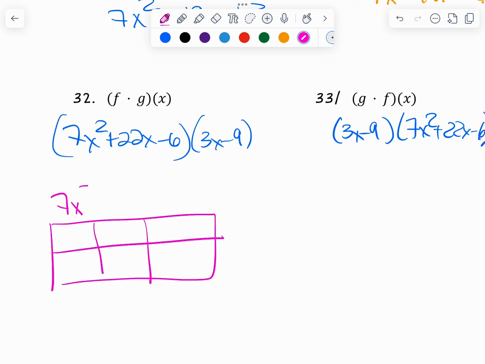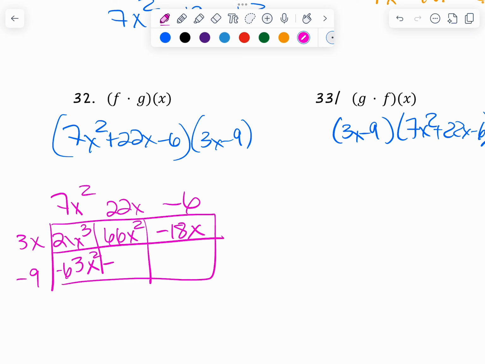So 7x squared, 22x, minus 6, 3x minus 9. 21x to the third, 66x squared, minus 18x, negative 3x squared, minus 198x and plus 54.